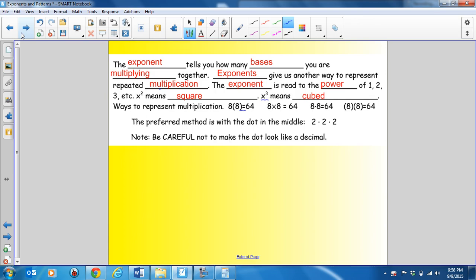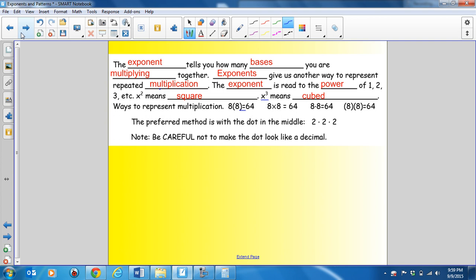So the exponent, the little number in the corner, tells you how many bases you are multiplying together. Exponents give us another way to represent repeated multiplication. The exponent is read as to the power of 1, 2, 3, etc., depending on what your exponent is.